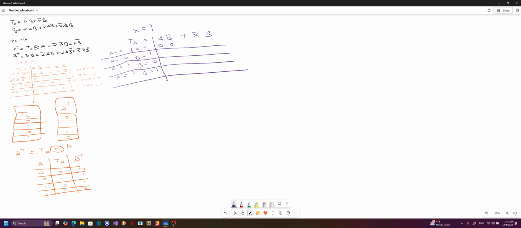A is 0, B is 0, plus x is 1, not x is 0, B is 0, 0 plus 0, which equals to 0.